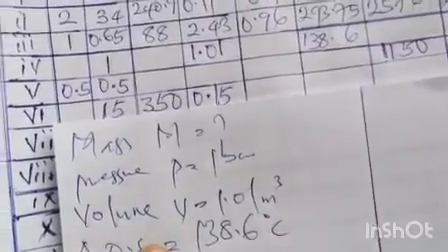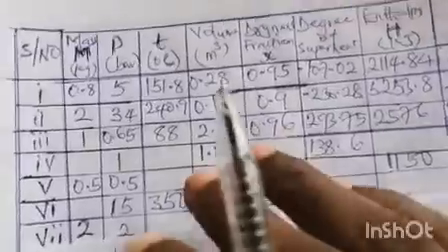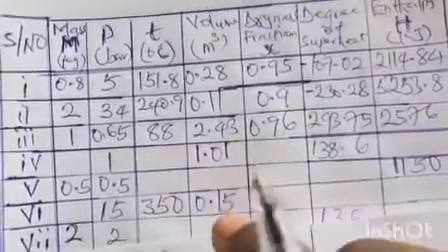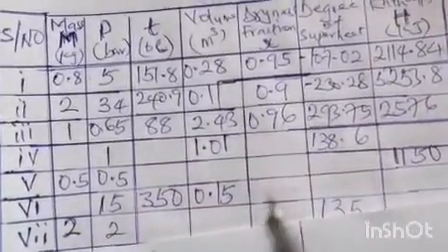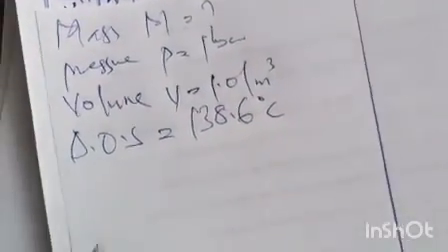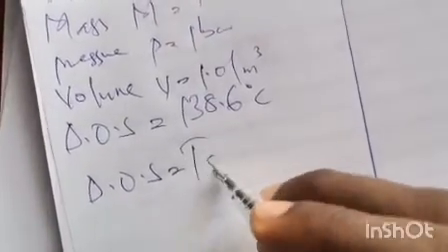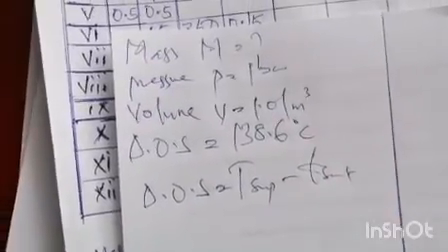We need to obtain the dryness fraction before we can do anything else on this table. To obtain it, first of all, we're given degree of superheat. Recall, degree of superheat is superheated temperature minus saturation temperature. So let's find saturation temperature.